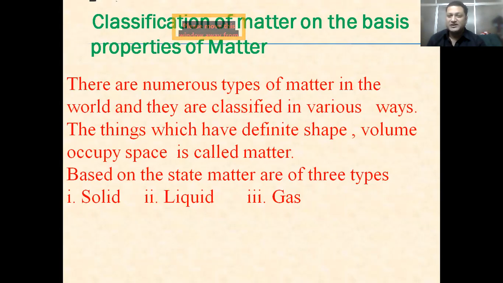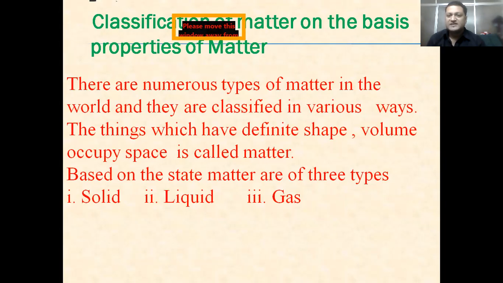The object which has definite shape, volume, weight, and occupies space, we can say that object or thing is called matter, isn't it? And matter, if you apply any force, it can resist. Okay, so let's see what actually matter's definition is.